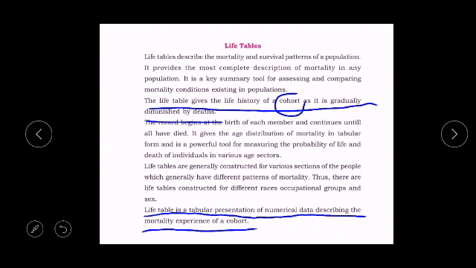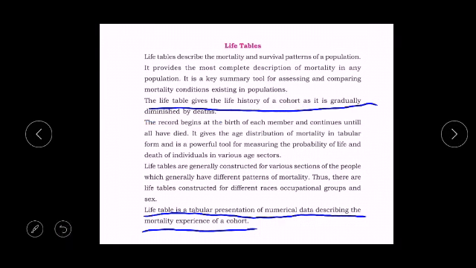A few babies may die within 10 years, and a few babies will die after their college. So all 1,000 people together will not survive till whatever age the table describes. Day by day, one or other person will go on dying, so the population will go on reducing. It is diminished by deaths. 1,000 people, one baby died in 1 year, so 999. Next year one more baby died, so 998. Like that it will go on reducing.